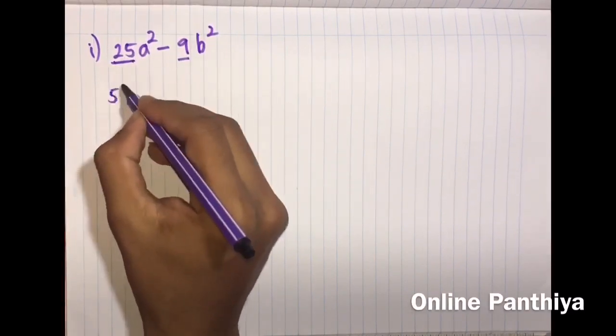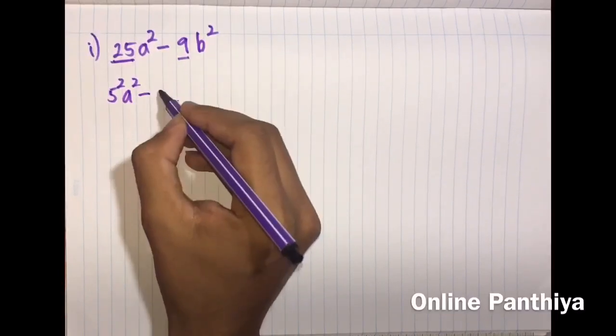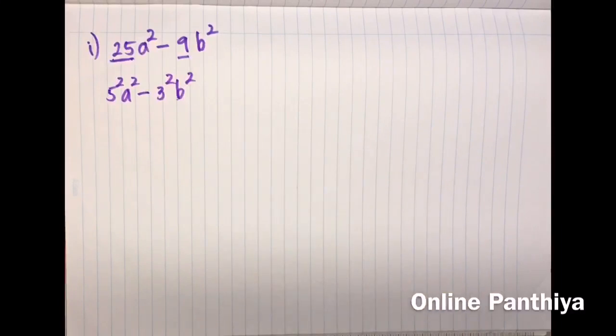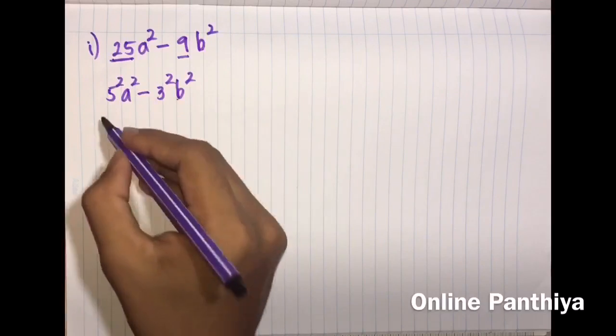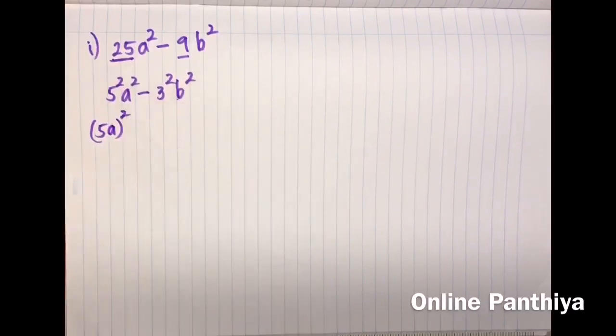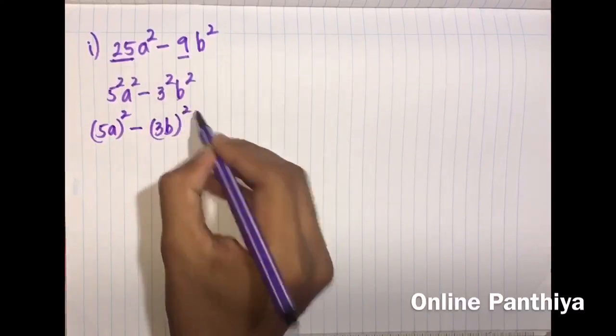25 I can write as 5 squared a squared, minus, I can write 9 as 3 squared and b squared as it is already situated. Okay. Now you can directly factorize. Is that clear? 3b and a common square.